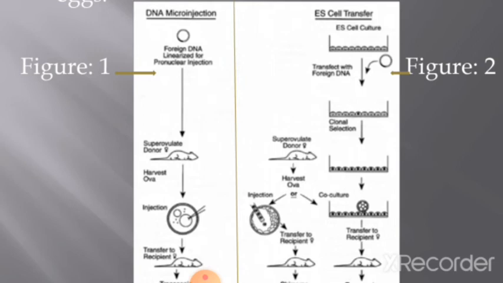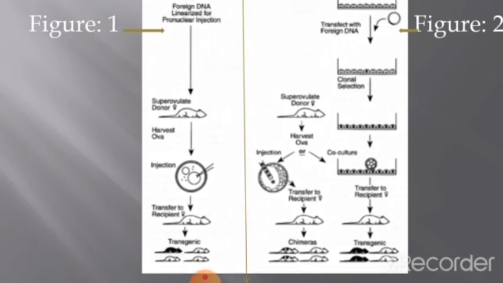So here you can see the embryonic stem cell culture. You can insert the gene of your choice into this. Then you can subject them to clonal selection. You can take the transfected cells and put them into the female mouse, right? Or you can co-culture both of them and then you can put them into the recipient foster mice.